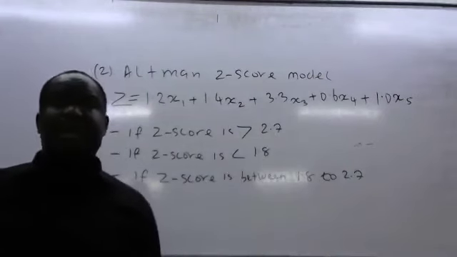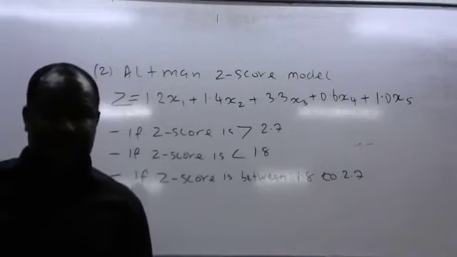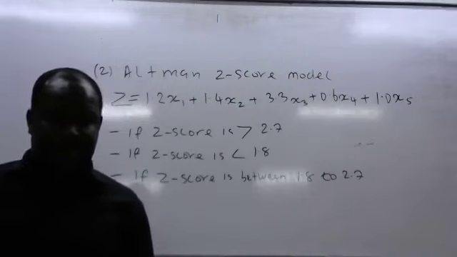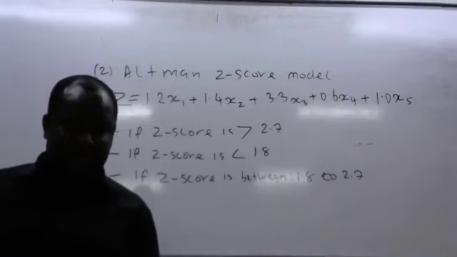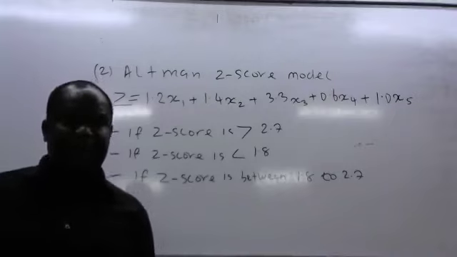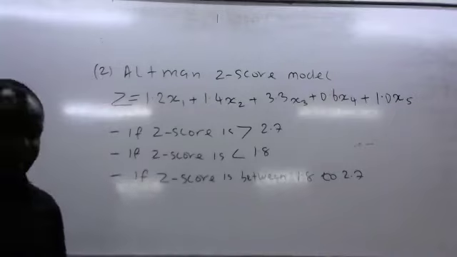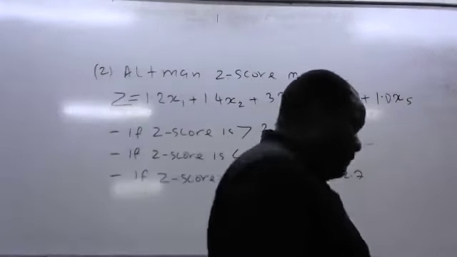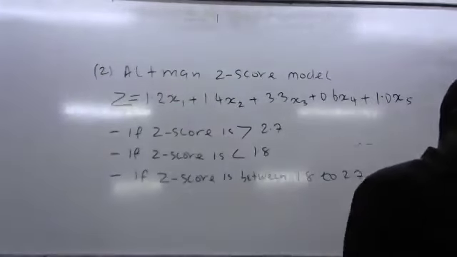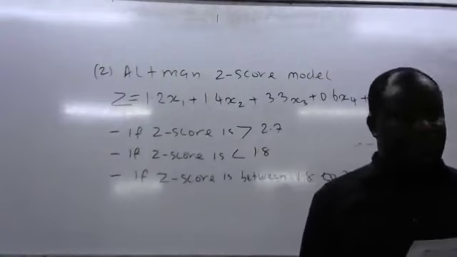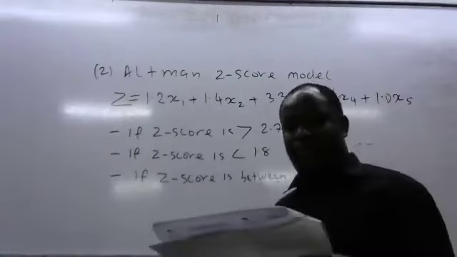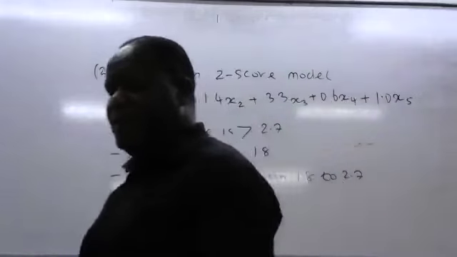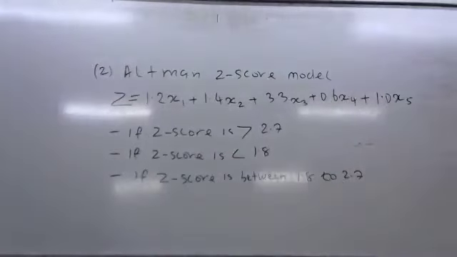X2, retained earnings divided by the total assets. X3, operating profits divided by total assets. Then X4 is meant to be market value of equity divided by book value of debts and preference share capital.